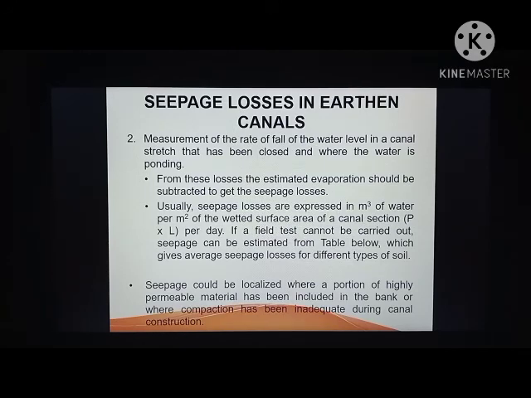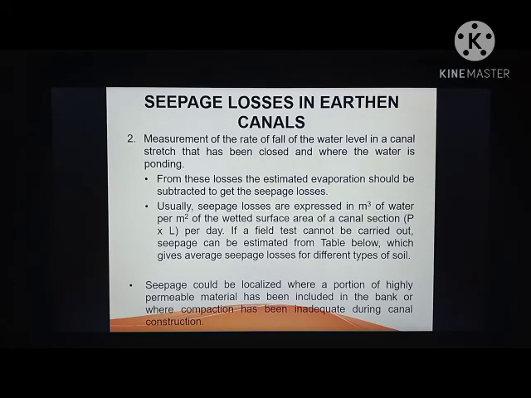Usually, seepage losses are expressed in cubic meter of water per square meter of the wetted surface area of a canal section per day. If a field test cannot be carried out, seepage can be estimated from the table below, which gives average seepage losses for different types of soil.